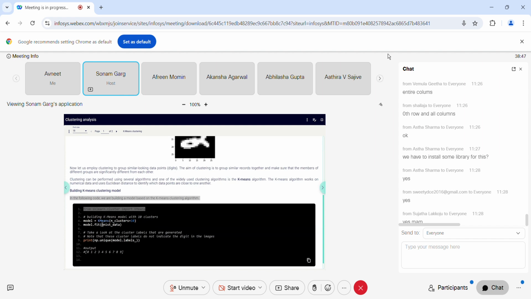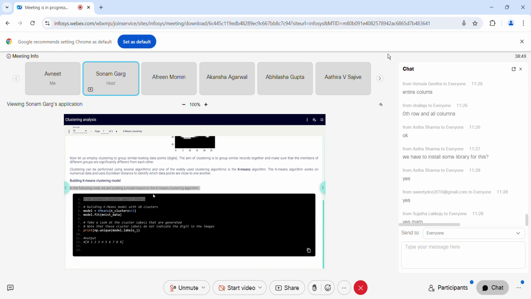Now see how easy it is to build the model. We just have to use this k-means. Make a model like earlier, when we were writing decision tree, or naive Bayes, or logistic regression: create an object of it, and tell how many clusters you're looking for. We want 10 clusters because we have digits 0 to 9.